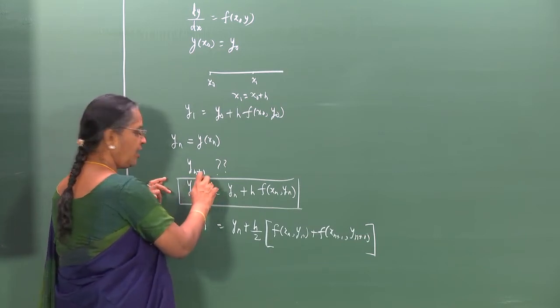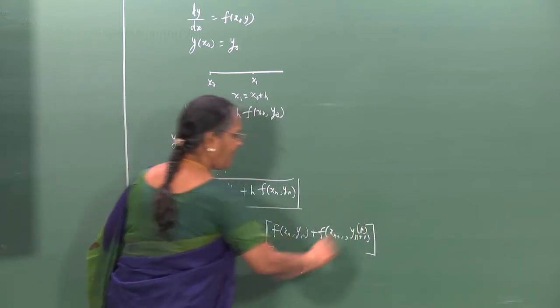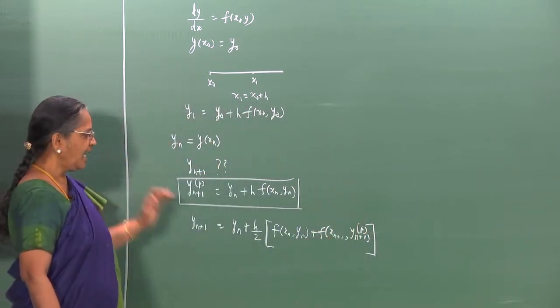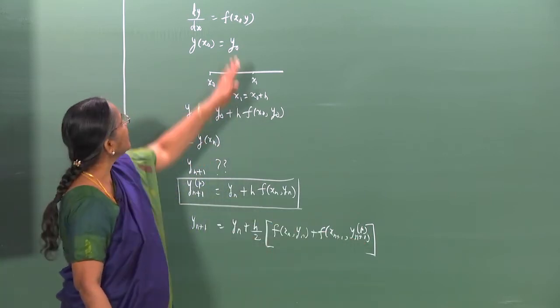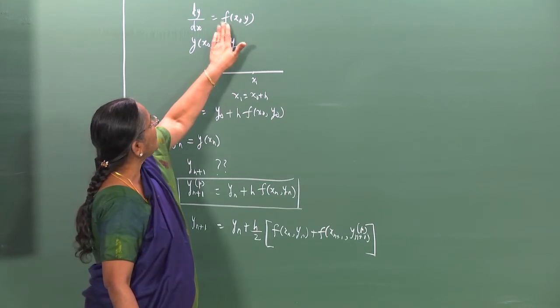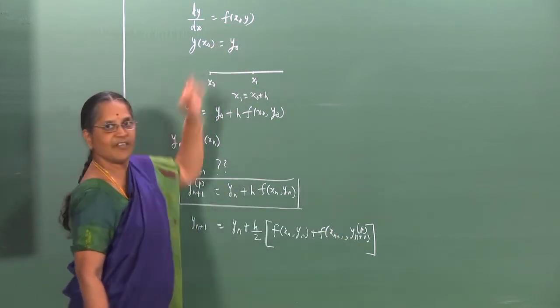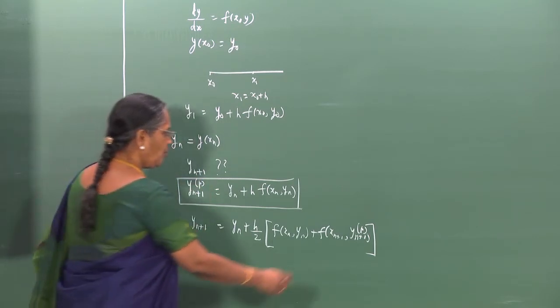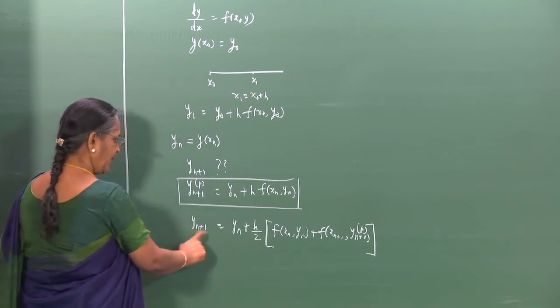So, I call Euler's method a predictor, and I use this predicted value of yn+1 and find f(xn+1, yn+1 predicted), because we know what f(x, y) is. So, once we know what the function here is, I can evaluate yn+1.